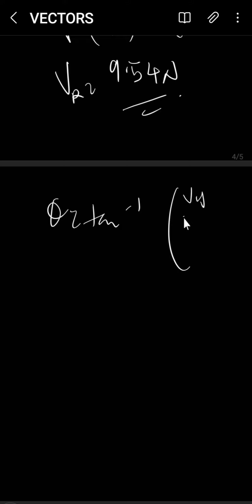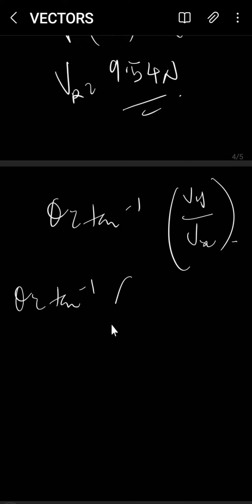So how do we find our direction? Again, we remember Vy over Vx. So the angle is equal to tan inverse of that. What is our Vy? 8 newtons. What is our Vx? 5.20 newtons, right? Modulus does not really matter because it's a positive x, which means this is the angle we're looking for because it is coming from the positive x.